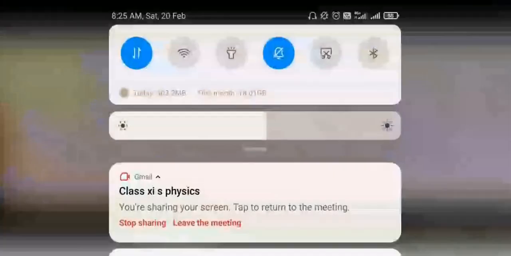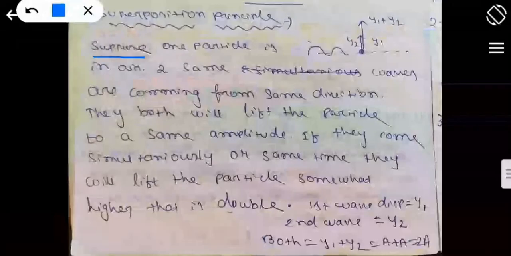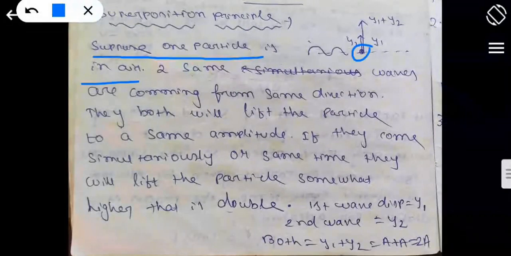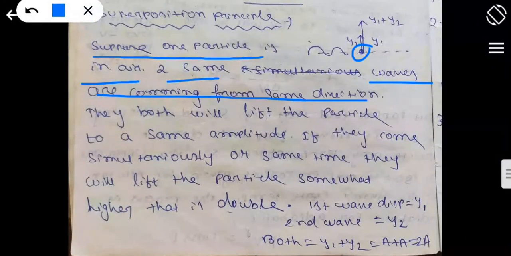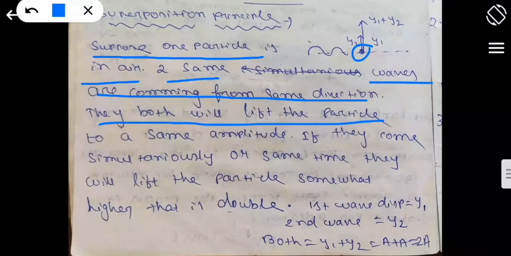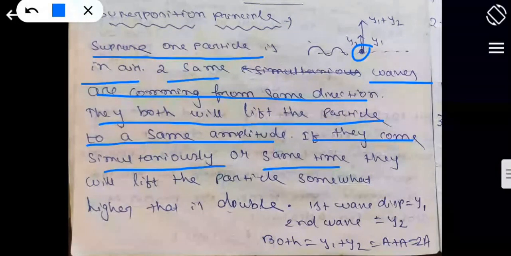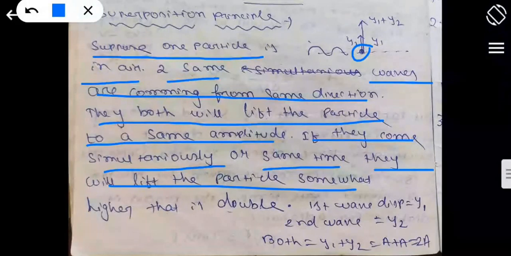Let me read this one. Suppose one particle is in air. This is the particle. Two same waves are coming from the same direction. They both will lift the particle to the same amplitude. If they come simultaneously, at the same time, they will lift the particle higher, that is double.